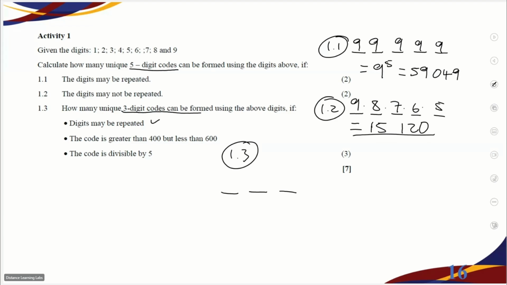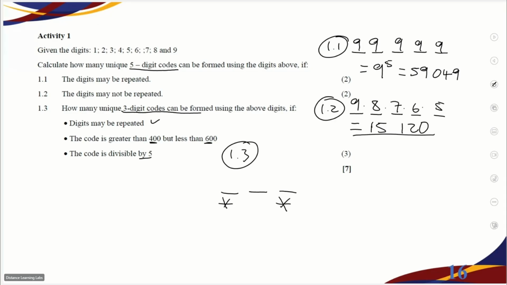The second bullet says a code is greater than 400, but less than 600. Greater than, less than restricts the first position. The code is divisible by 5. Divisible by 5 on this 3-digit code restricts the last position.